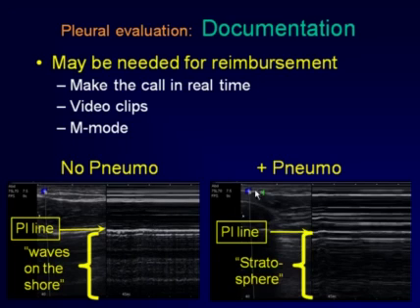Conversely, when a pneumothorax is present, the lines tend to be much more smooth and give you this linear kind of appearance, which has been described as a stratosphere sign. The presence of this on M mode suggests the presence of pneumothorax.